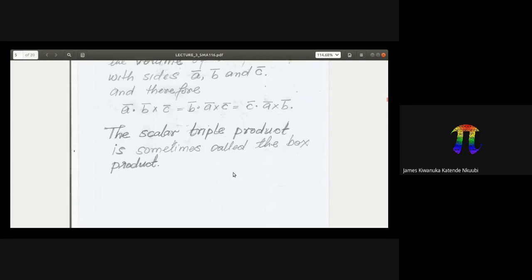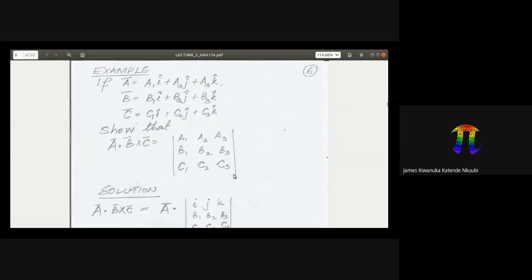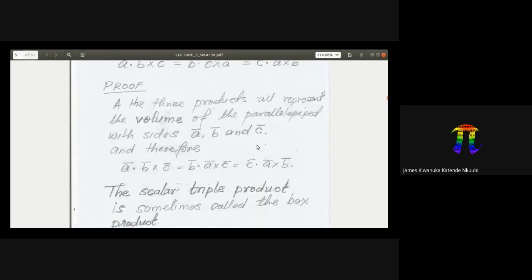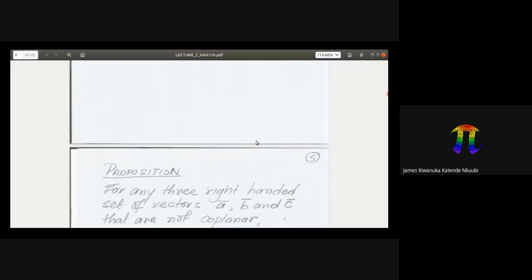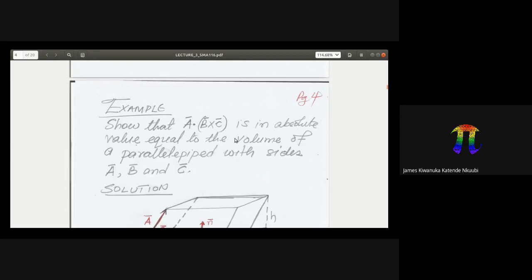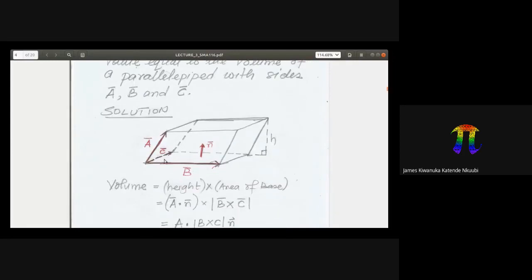That can be done. I've just used the fact that this is the volume. So if you notice, before I proceed, the example said that the absolute value is equal to this. The reason we have to think of absolute value is because of the following.